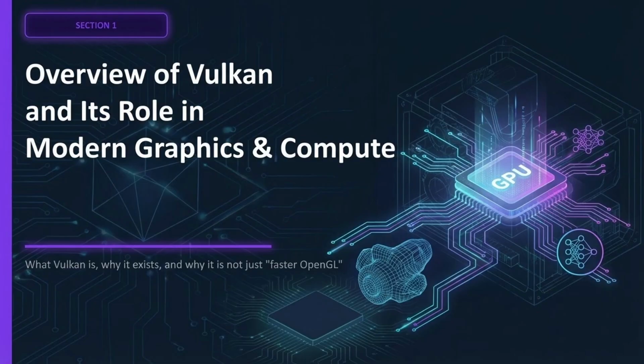Once Metal, which is an API from Apple, came into existence in 2014, there was a stronger push. And in 2016, Vulkan came into existence, and from 2016 to 2026, it's almost 10 years.